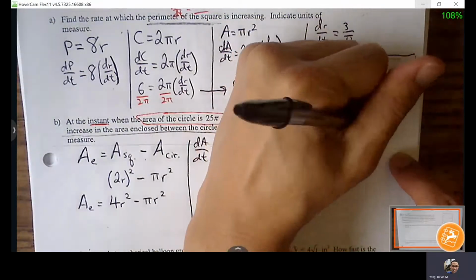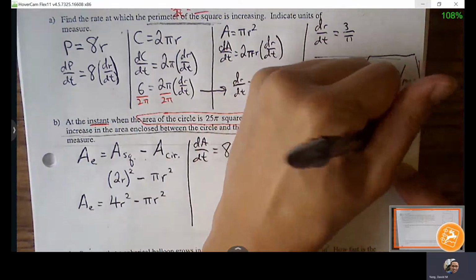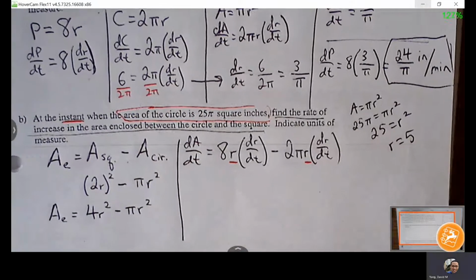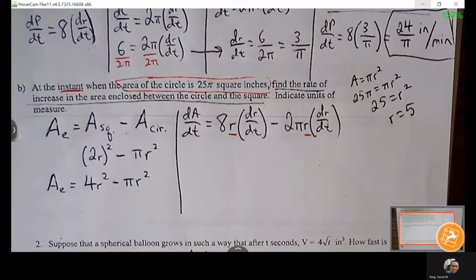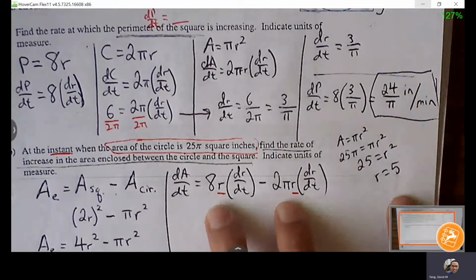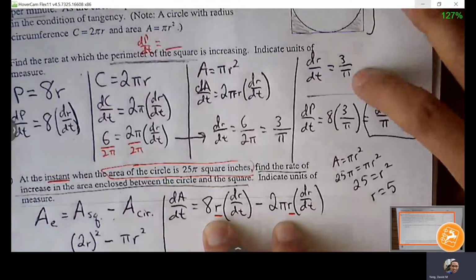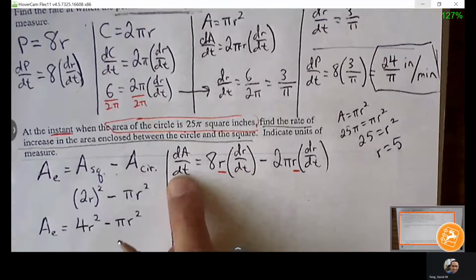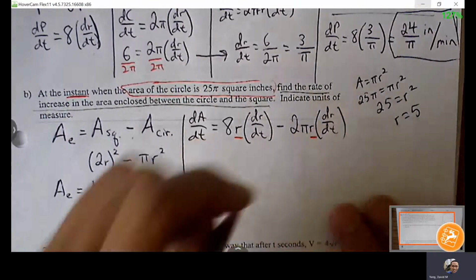Divide both sides by pi. 25 equals r squared, so r is equal to 5. Okay, I think we have everything now, right? We have radius accounted for, we have dr/dt accounted for. We can find that dA/dt now.